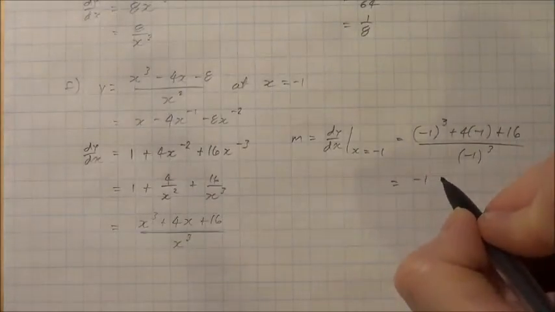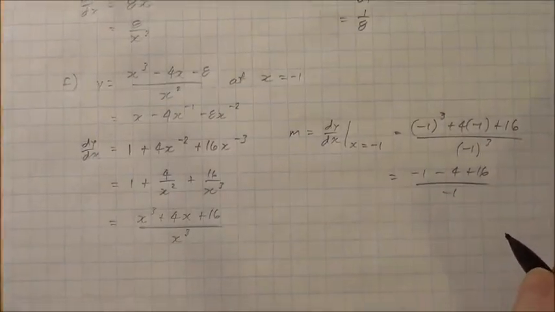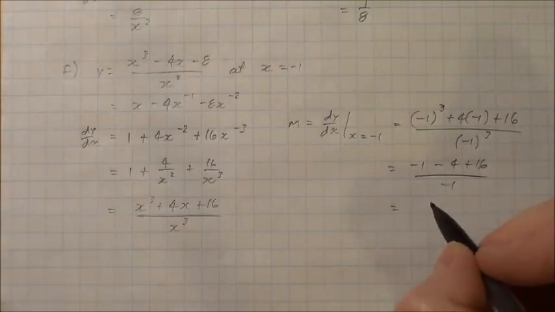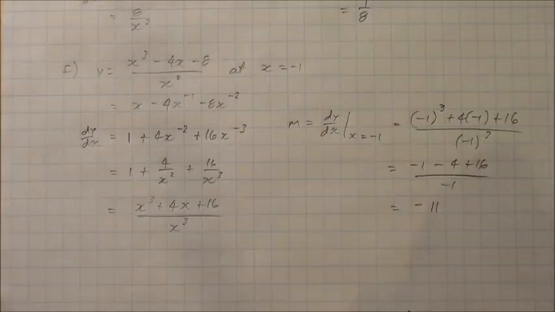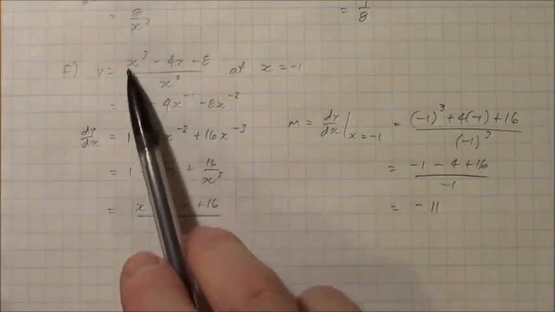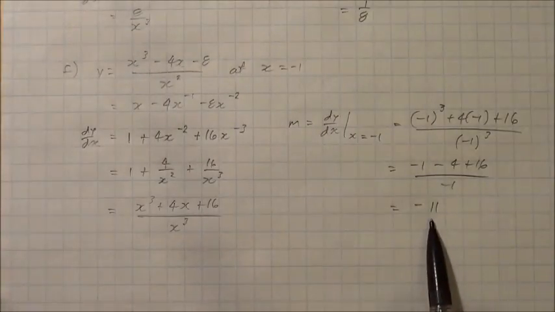And so that gives me negative 1 minus 4 plus 16 all over negative 1, which gives me a grand total of negative 11. So the gradient of the tangent to this function when evaluated at x equals negative 1 is negative 11.